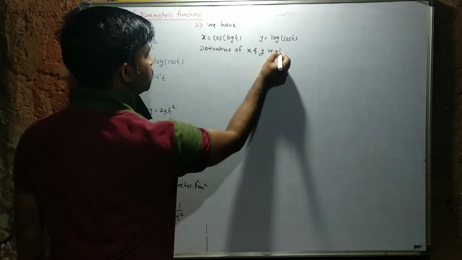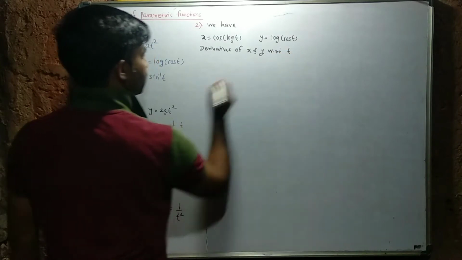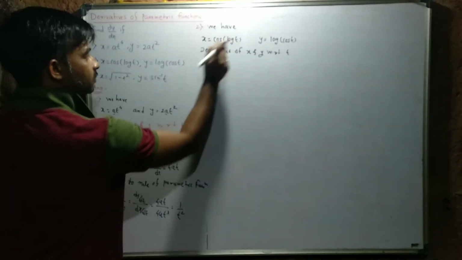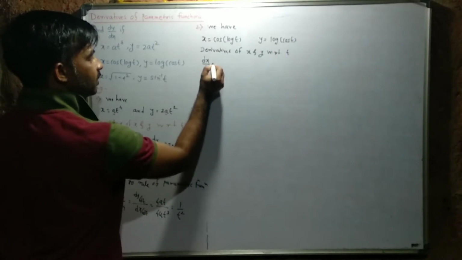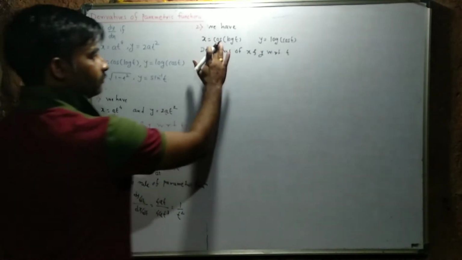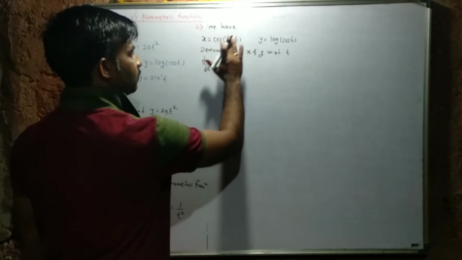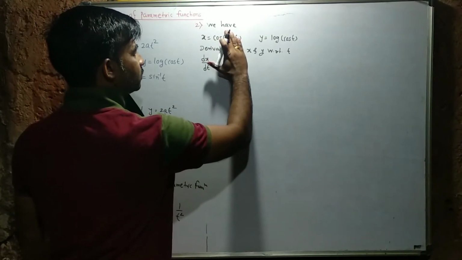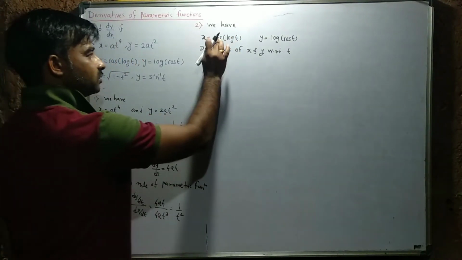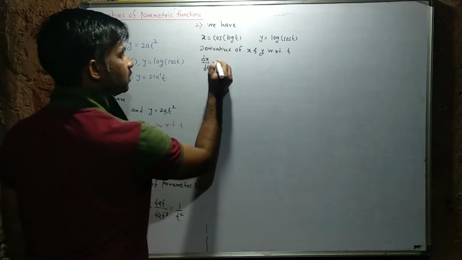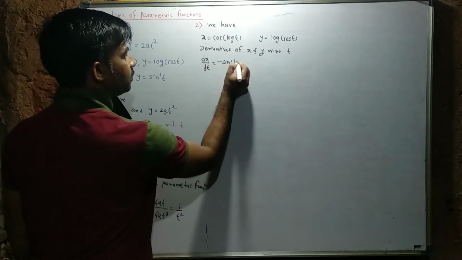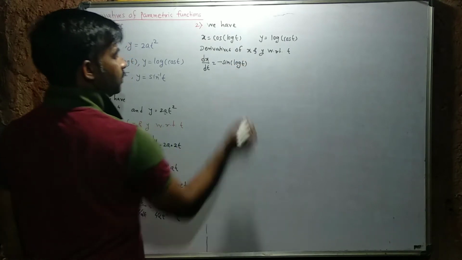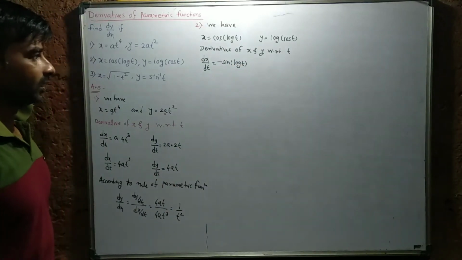With respect to t, x is a function of t, therefore the derivative of x with respect to t, that means dx by dt, is equal to: first of all we have to take the derivative of cos and cover the log t by your hand. The derivative of cos is minus sine, and whatever is inside the bracket is put as it is.